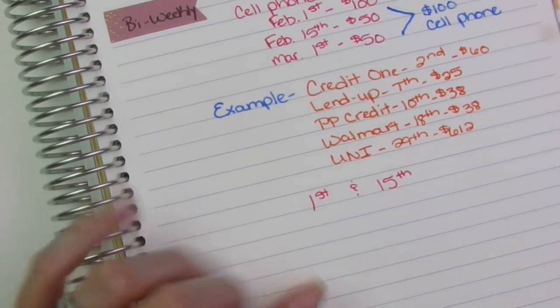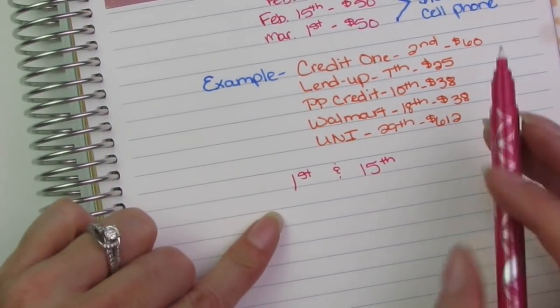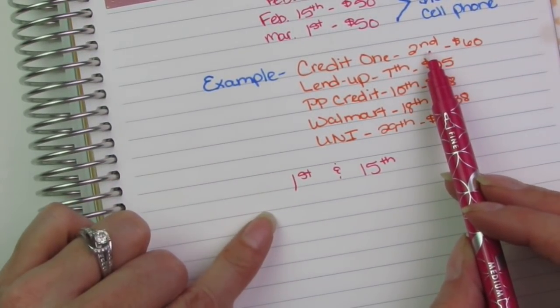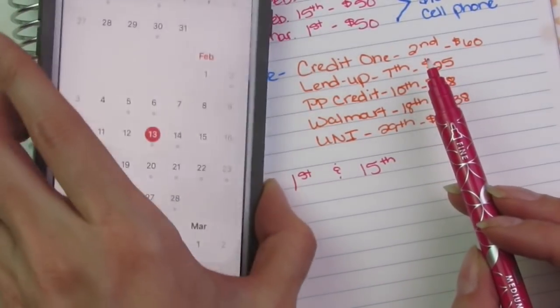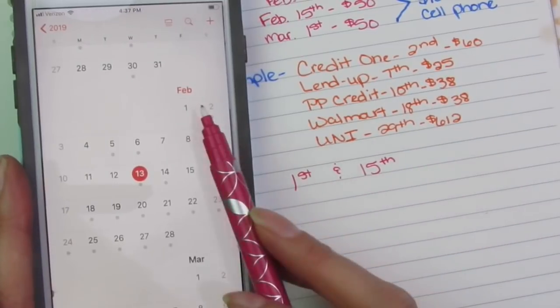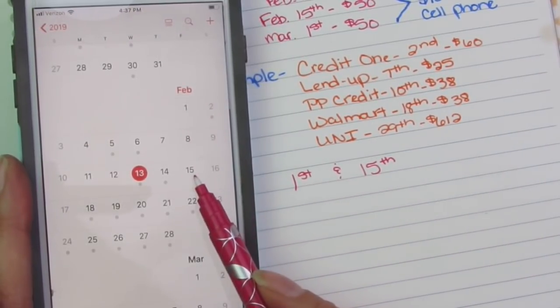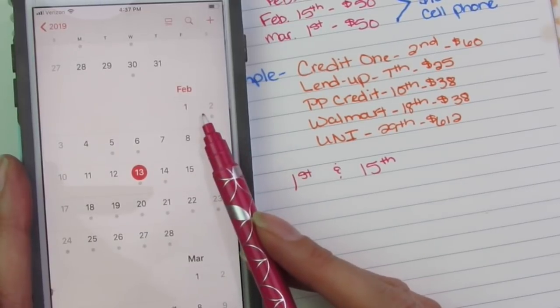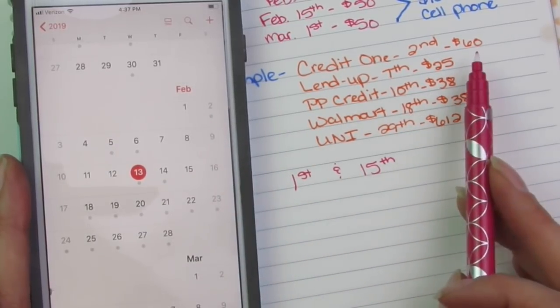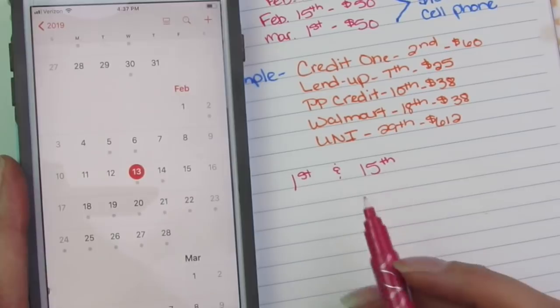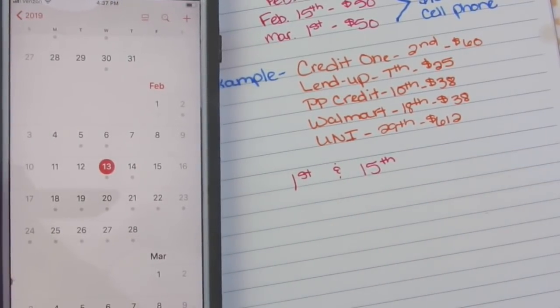All right, so what you're going to do is Credit 1. This one is due on the 2nd. So going back to my calendar again, I get paid on the 1st and it's due the very next day. I will not get paid again till the 15th. I have no other paychecks to split this one up with, so I have to do that $60 in full on the 1st.